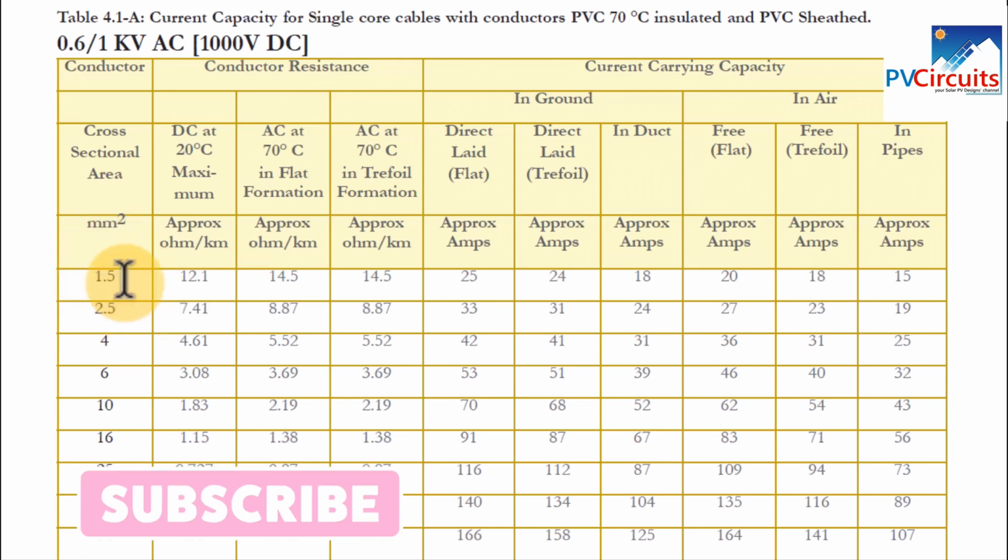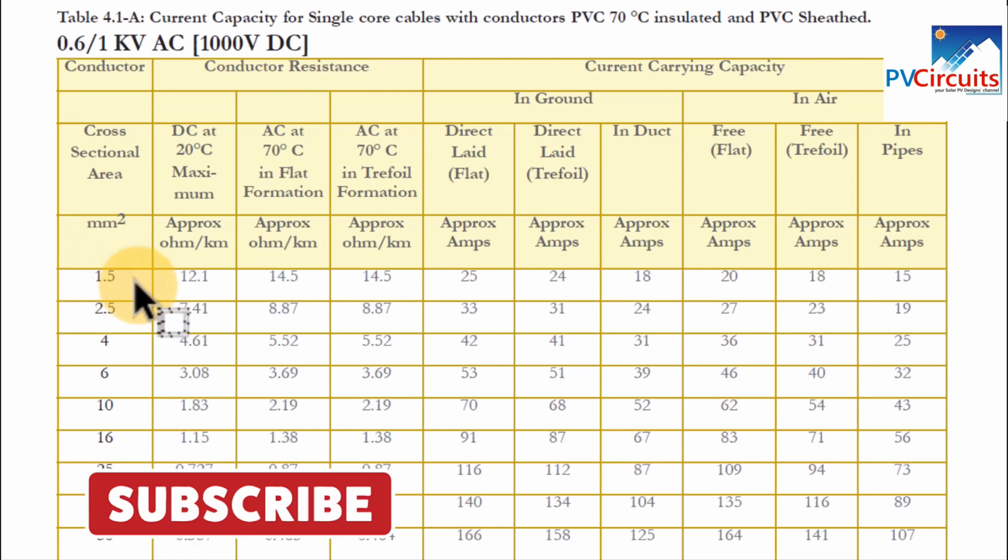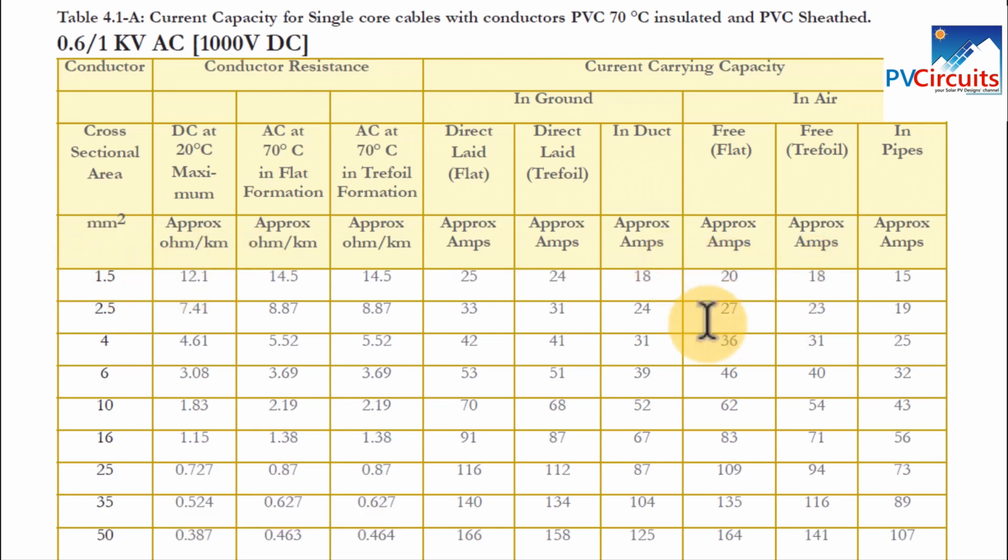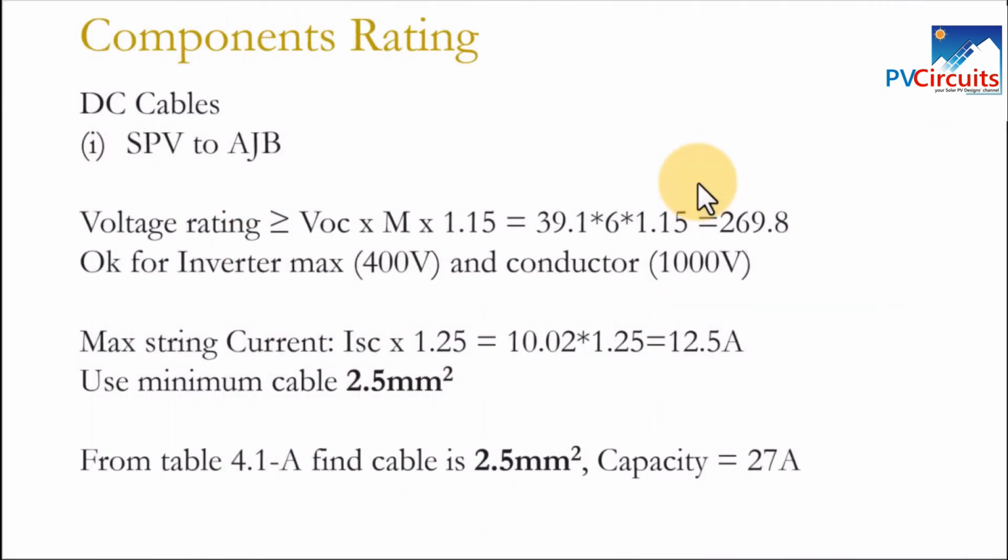However, we find that this cable is very small, and we recommend that we use the next cable, which is 2.5 millimeter. So we are going to use 2.5 millimeter square at an ampacity of 27 amps. We move back to our calculation. We have said we use 2.5, and from the table we've seen that the capacity of that cable is 27 amps.